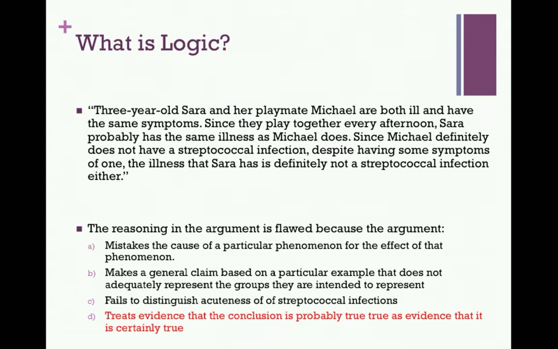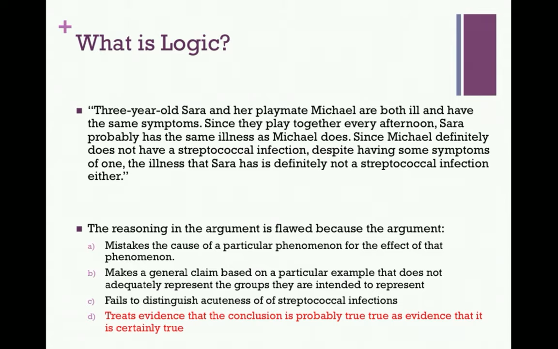And you have to be very, very careful about this, because some arguments will provide you evidence that's only going to establish a conclusion with probability. And sometimes people will make an unwarranted inference, they'll give you information that at best establishes a conclusion that's likely to be true, but they'll draw a conclusion that is supposed to be certainly true.